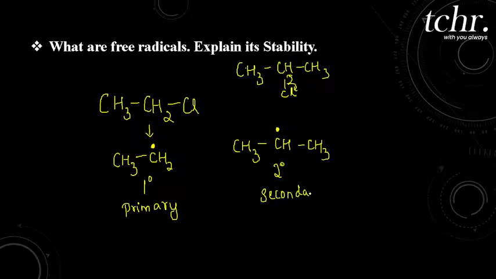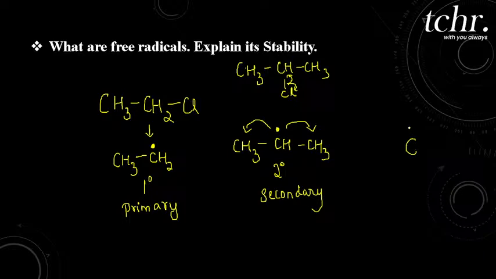If the carbon atom containing the unpaired electron is further attached to one alkyl group, it is primary. If it is further attached to two alkyl groups, on the left and right, it is secondary.